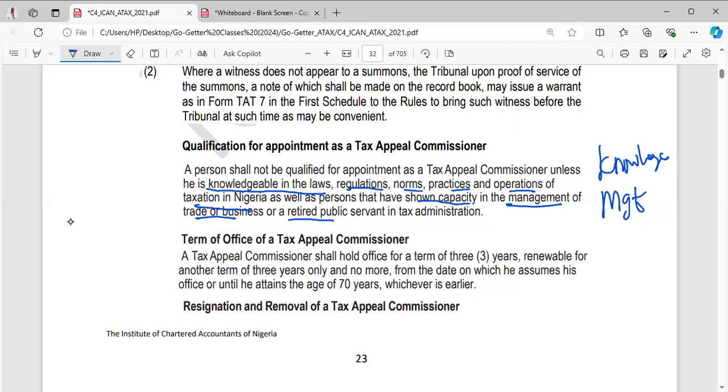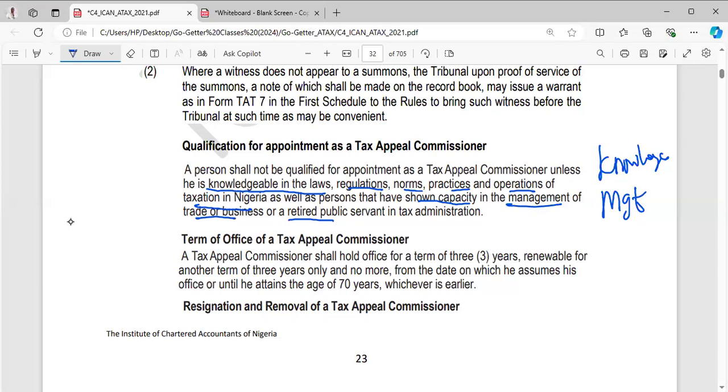So it's not anybody who is a lawyer who knows tax practice. You must have known that. You must also have either worked in the public tax office, or you have shown that you have a capacity to manage your own trade, your own business.